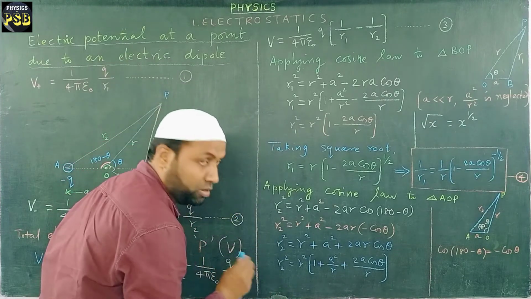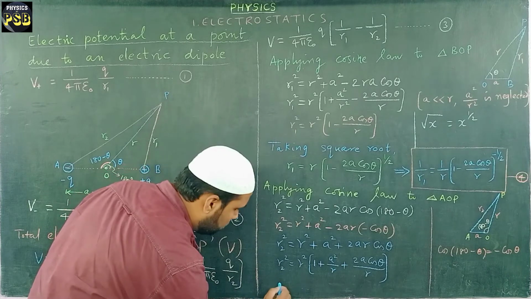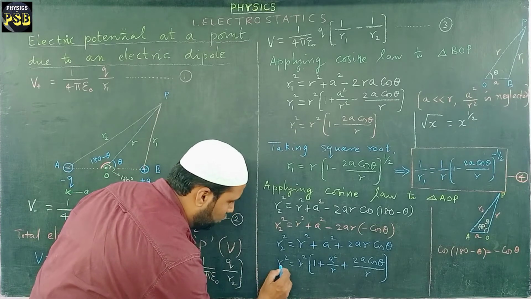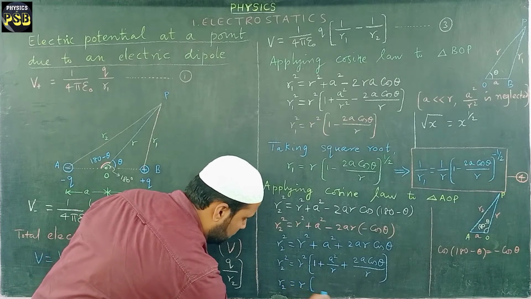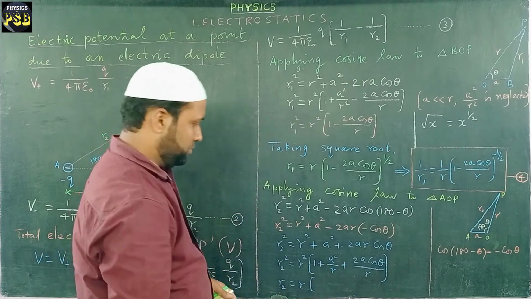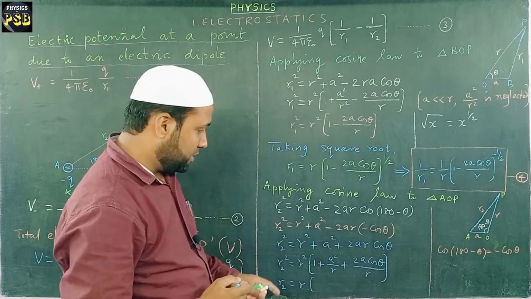Then after that, I take the square root. Taking the square root, r2 square will become r2, and r square will become r. Now, I do two things.